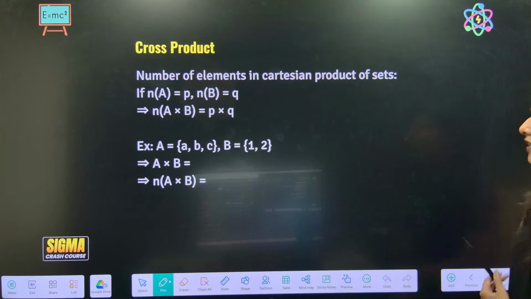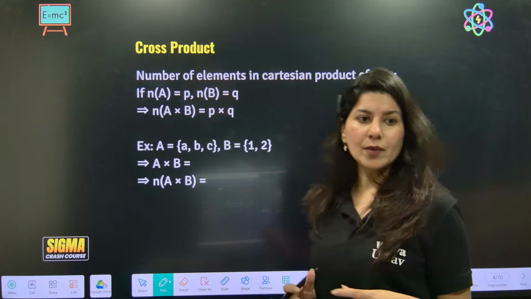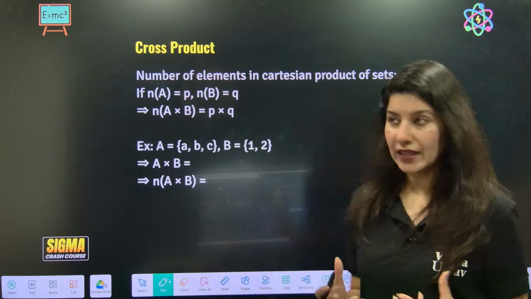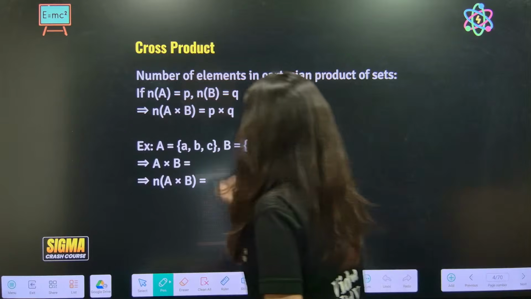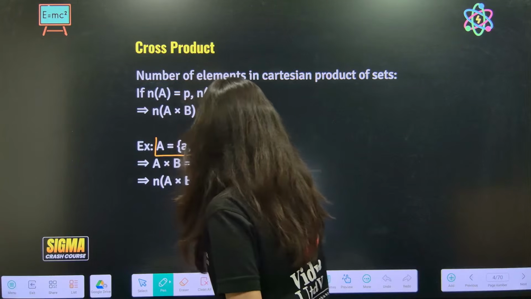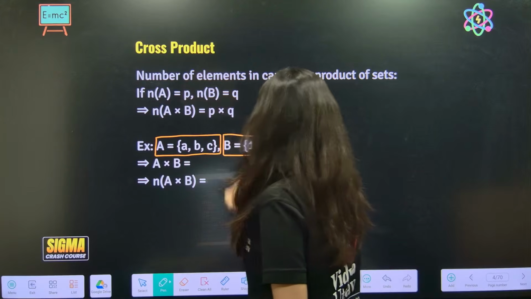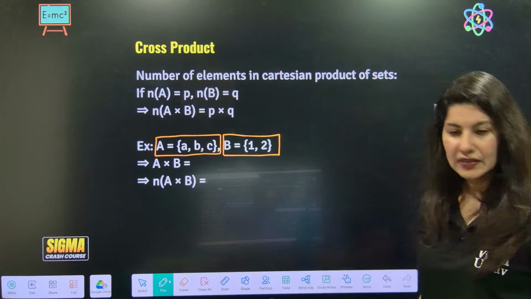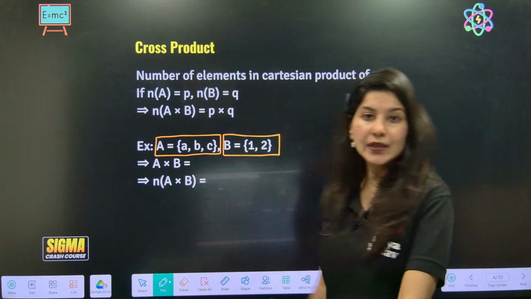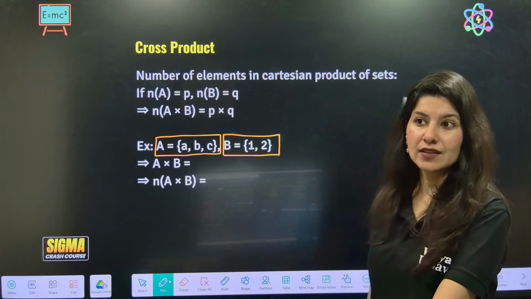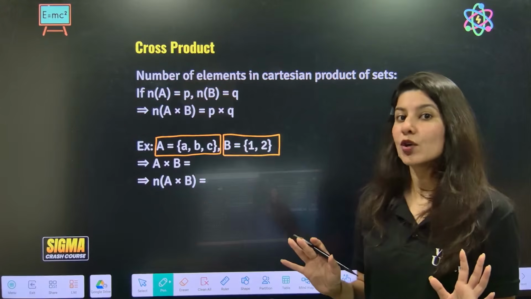Okay. Now that you know ordered pair, let's talk about cross product. For example, set A is given to you, which is A comma B comma C, and set B is given to you, 1 comma 2. Now A cross B, cross product. To understand relation, we have to understand what cross product is.